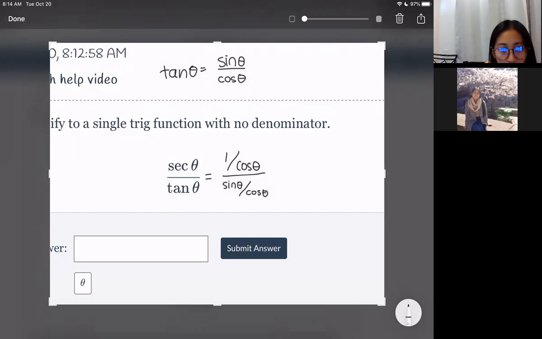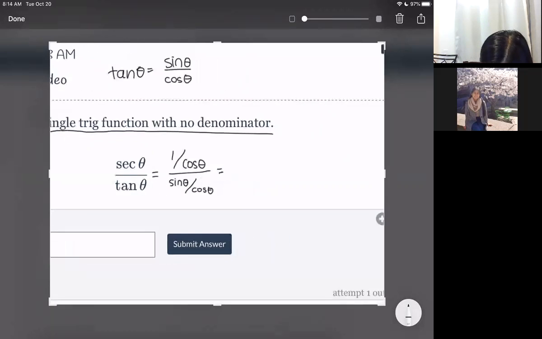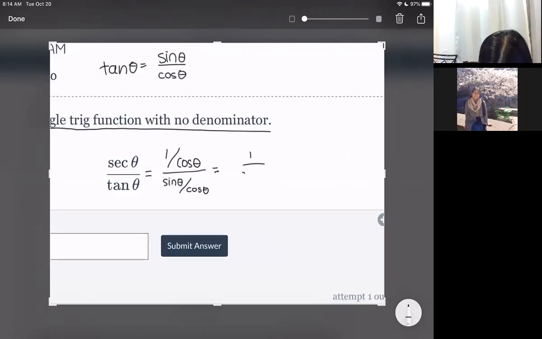Okay, so we need to get this giant mess of a fraction, 1 over cosine over sine over cosine, simplified into a single trig function with no denominator. So let's do that. In this case, we are dividing a fraction by a fraction. There's a couple ways you can do it, but let's do 1 over cosine, which is on the top, and instead of dividing by sine over cosine, we can multiply by the reciprocal, cosine over sine.